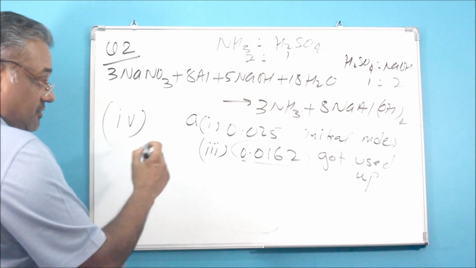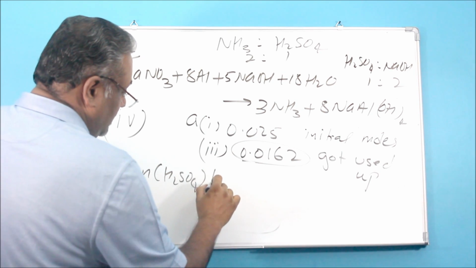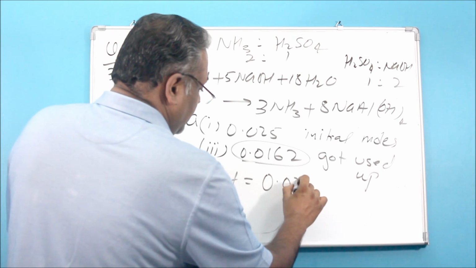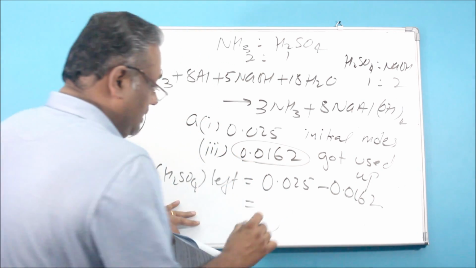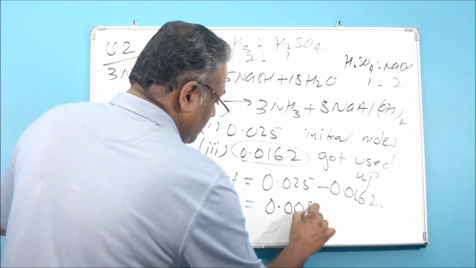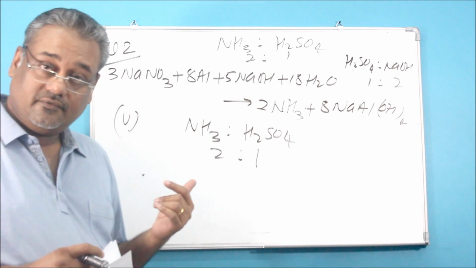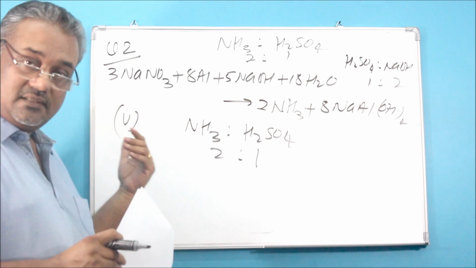So moles of H2SO4 left will be equal to 0.025 minus 0.0162, and that's how we get this answer as 0.0088.